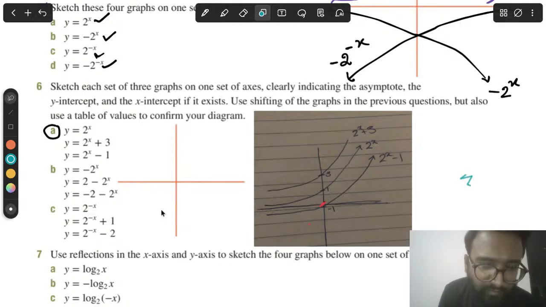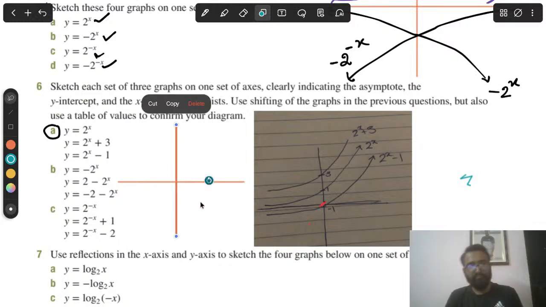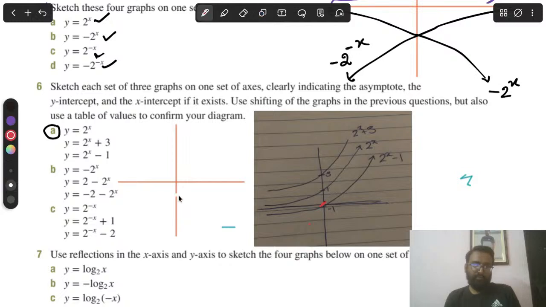Okay. So this is your minus 1. This is your 0.